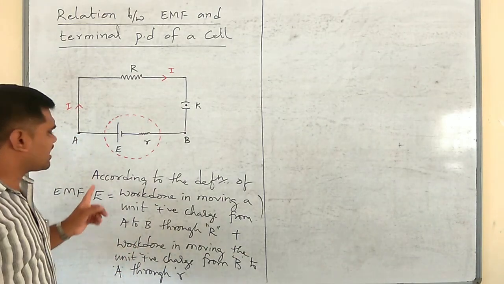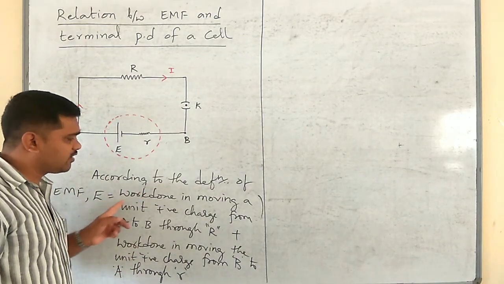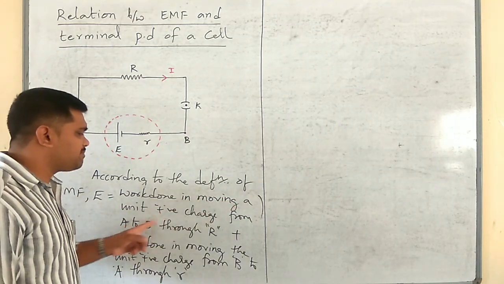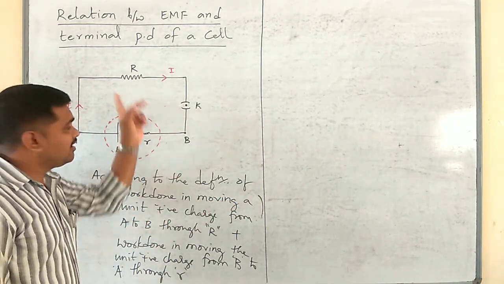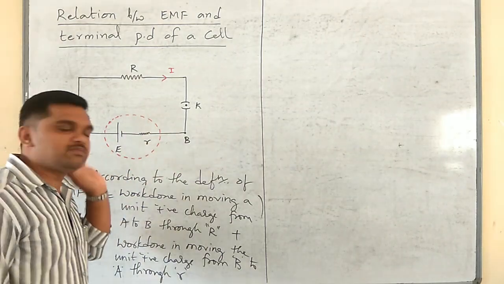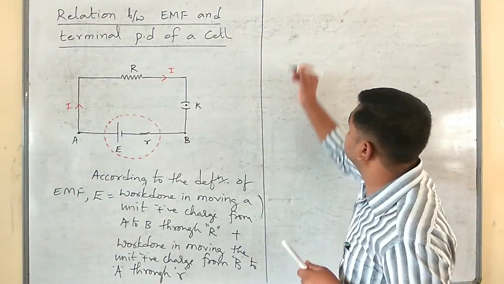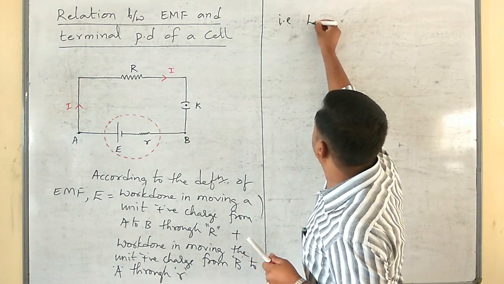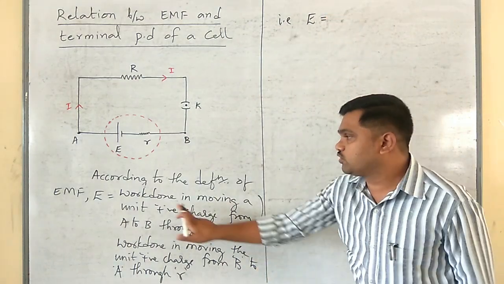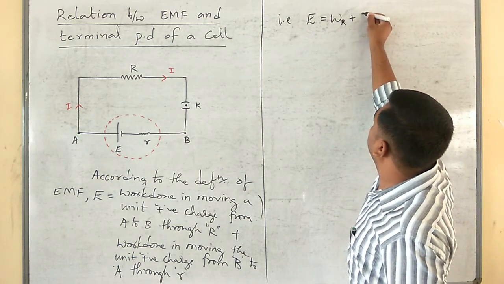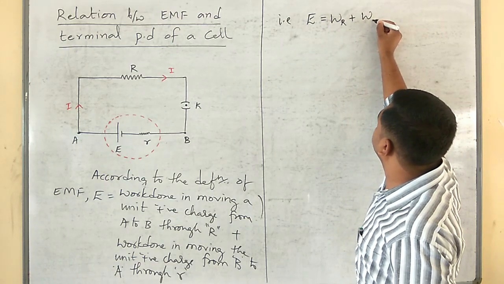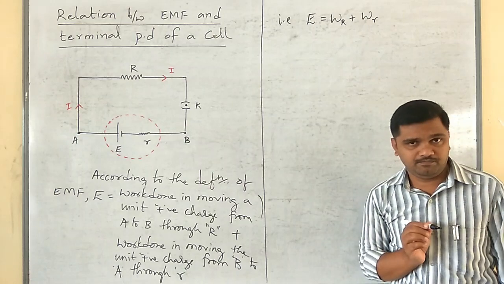Now according to the definition of EMF, E is equal to work done in moving a unit positive charge from A to B through R, plus B to A through small r. Therefore, we can write E is equal to W_R plus W_r.